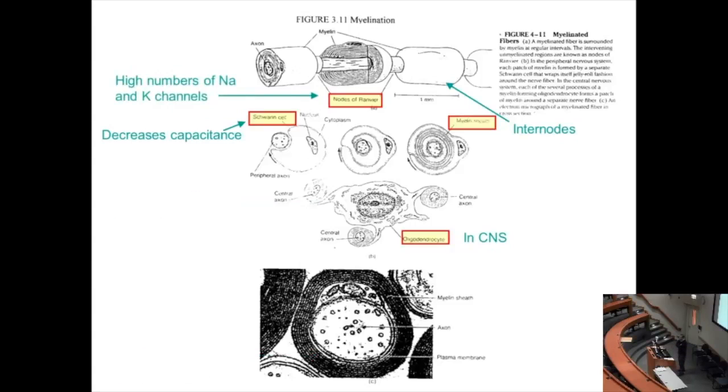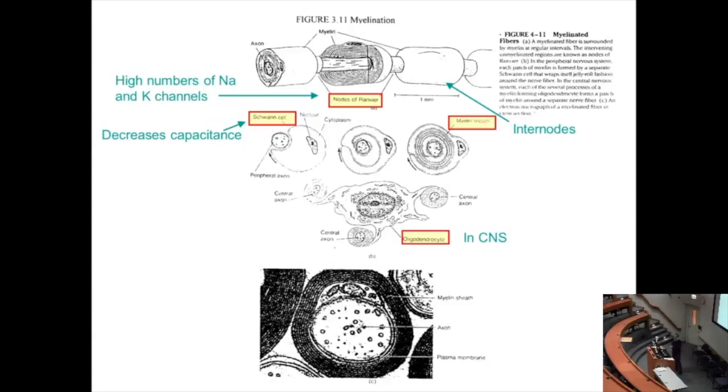There are also fewer sodium and potassium channels and channels of all types underneath that membrane, and even the ones that are there, they have a very hard time conducting ions with myelin wrapped over them. So there is a very high resting membrane resistance as well. Those things combine to make the propagation of the action potential in that area very rapid, okay?